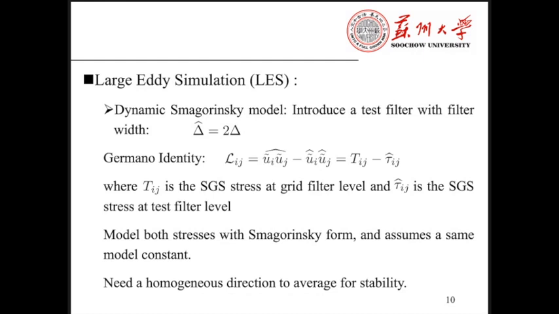And generally, we need a homogeneous direction to average for stability. If we do not use the average, sometimes we will get negative viscosity, which will cause instability in the algorithm.